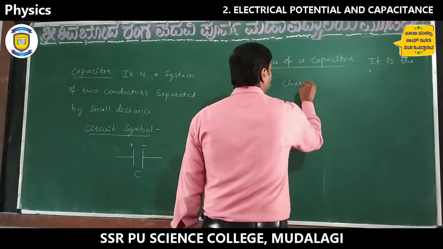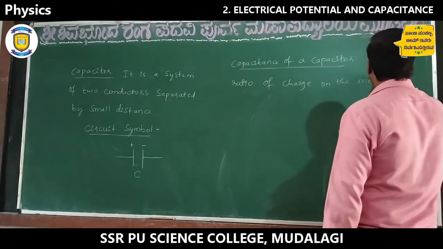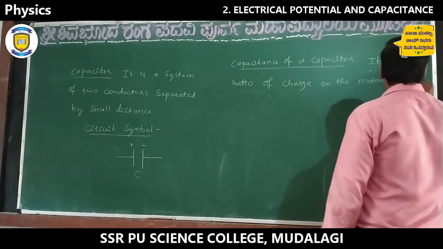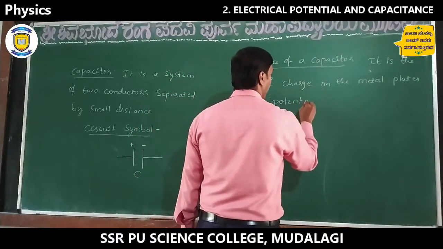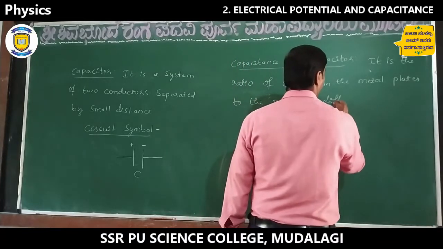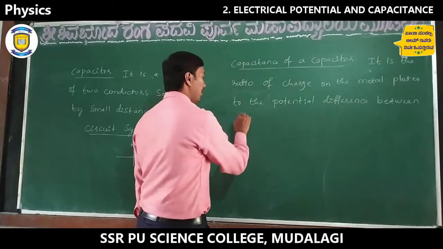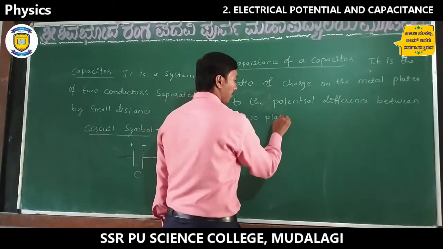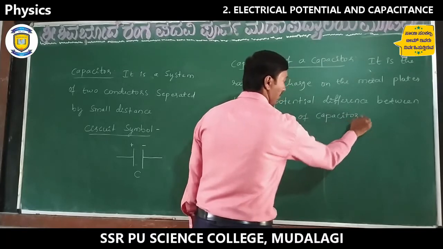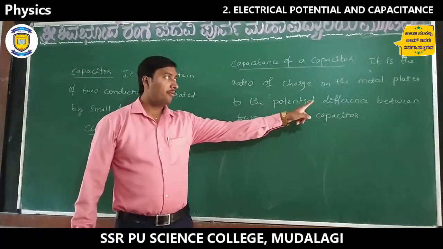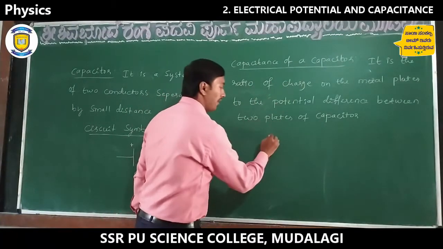It is the ratio of charge on the metal plates of the capacitor to the potential difference between the two plates of the capacitor. The capacitance of a capacitor is denoted as C.